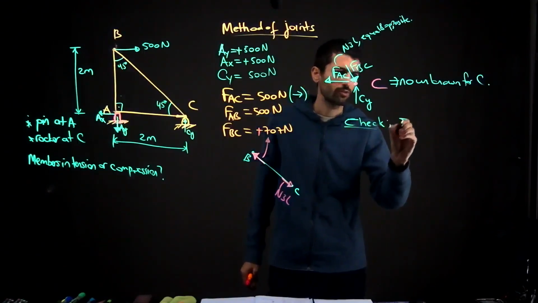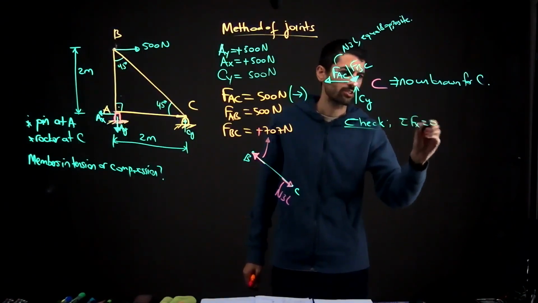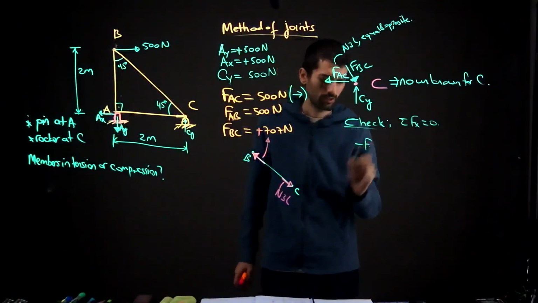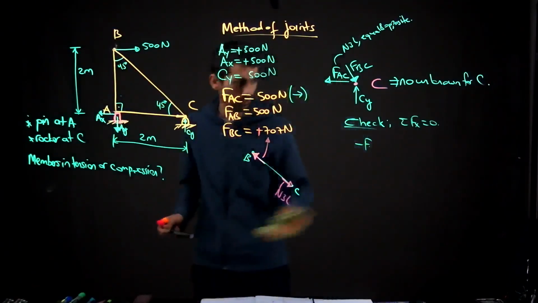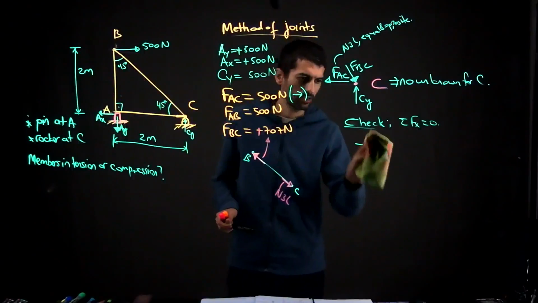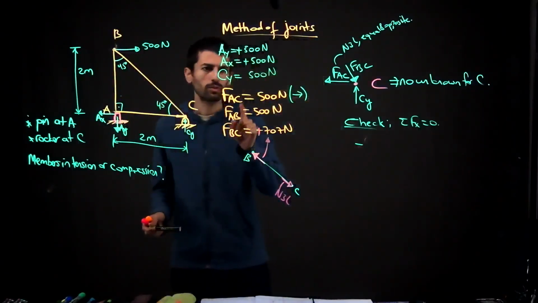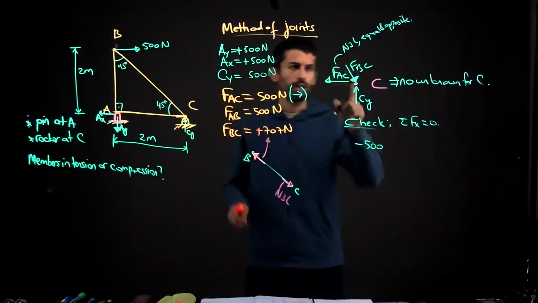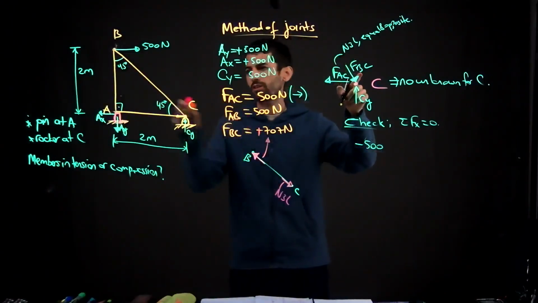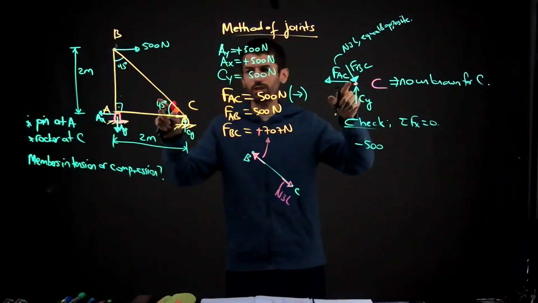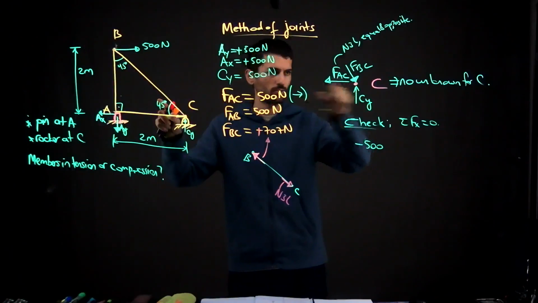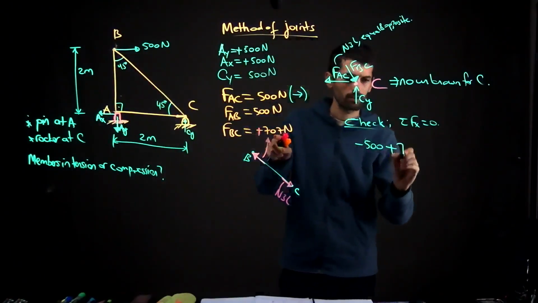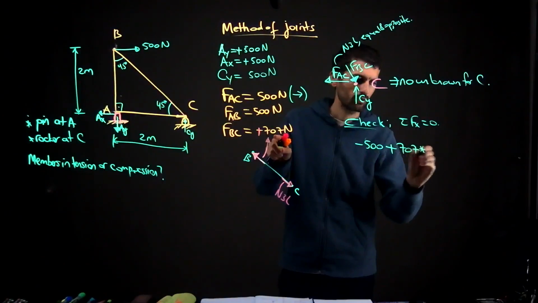So I will say that the forces in the x direction are 0. And I have a force which is negative F_AC, and this force, negative F_AC, will be negative 500. And there is F_BC and its cosine component, this way. So plus F_BC, which is 707, times cosine 45.